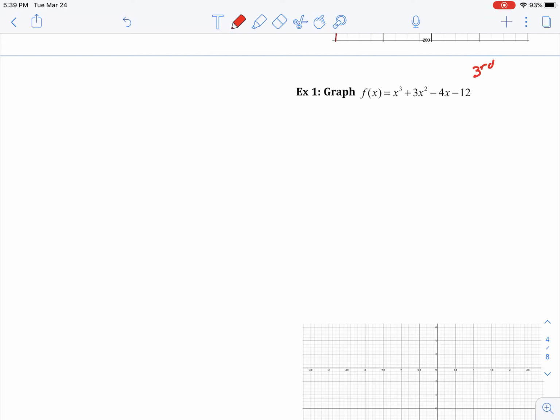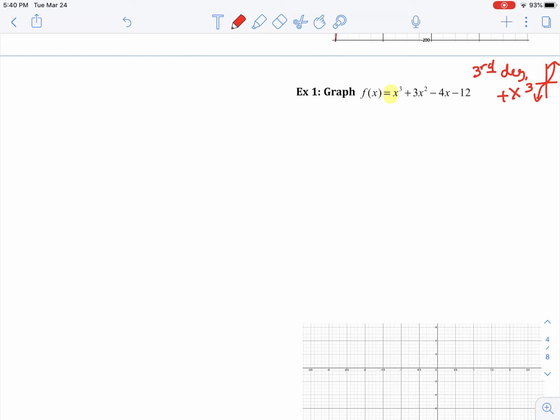So this is a 3rd degree polynomial, which means that our overall behavior of our polynomial should look like an x cubed graph, and particularly a positive x cubed graph, because our leading coefficient is a positive 1. So the end behavior of our graph, we know that a positive x cubed looks something like that. So as we go off towards positive infinity, our graph should be going up.